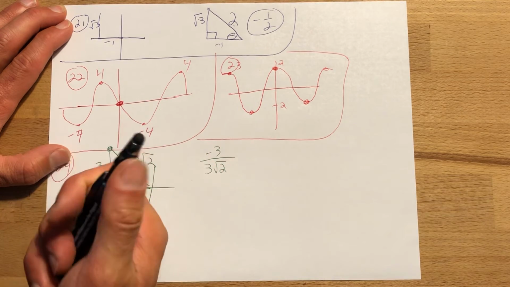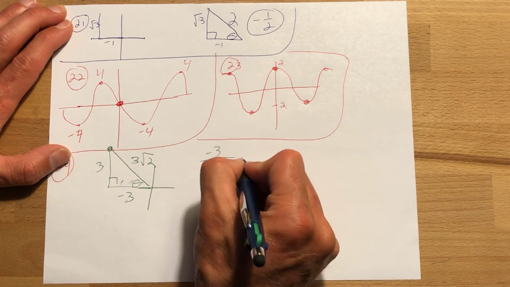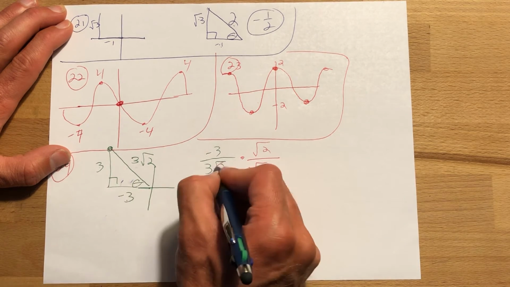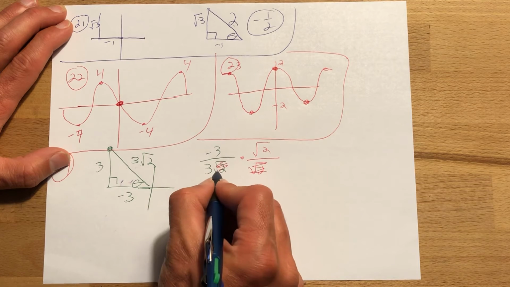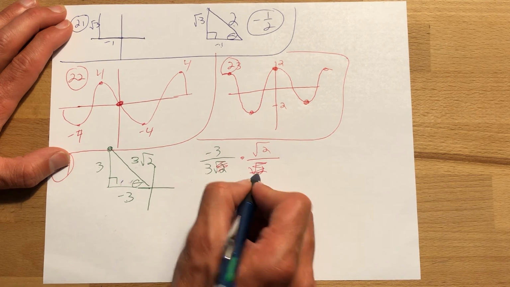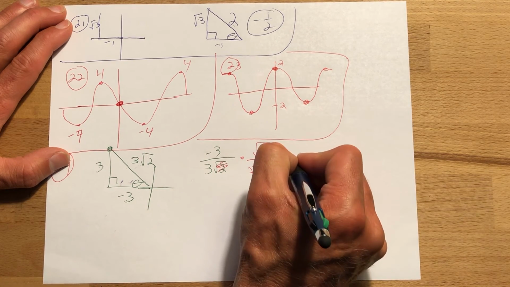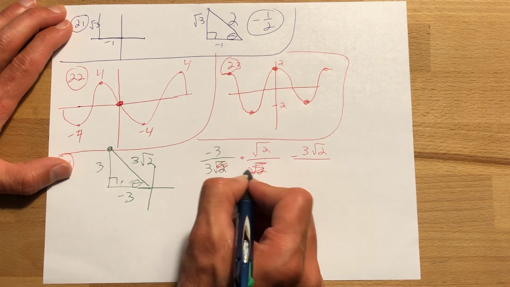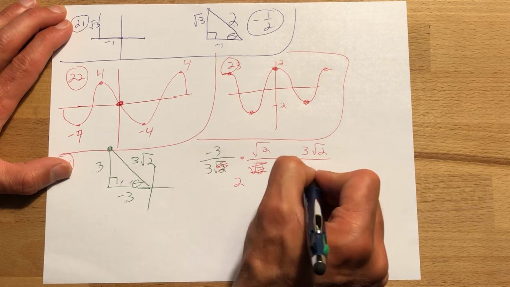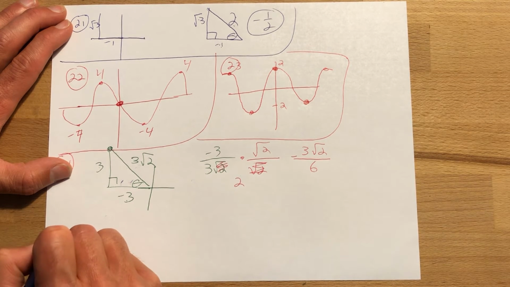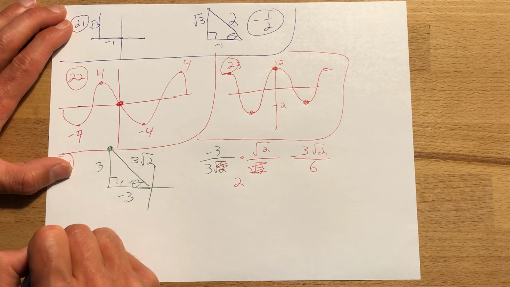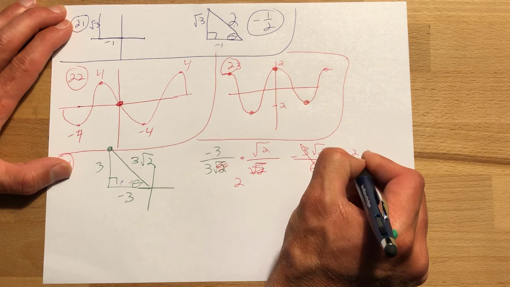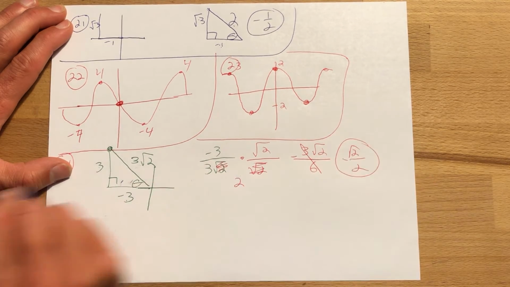But you know that you cannot have a root on the bottom, so you have to multiply the top and the bottom by that special form of 1 to get these to cancel out. 2 times root 2 times root 2 is 2. So you're going to get -3 root 2 over 3 times 2, which is 6. This is going to give me -√2 over 2.